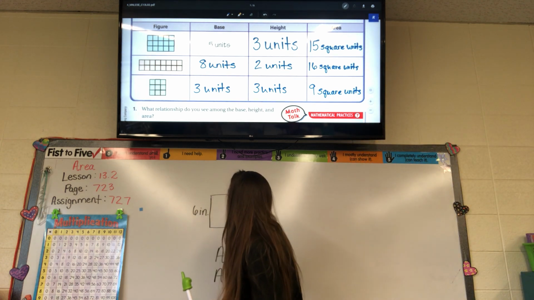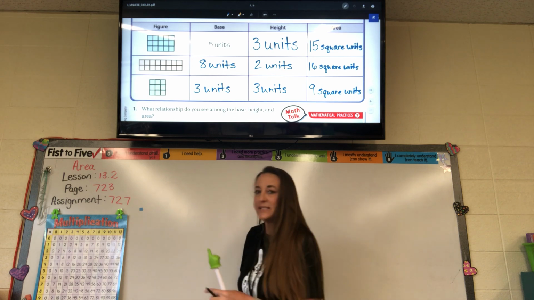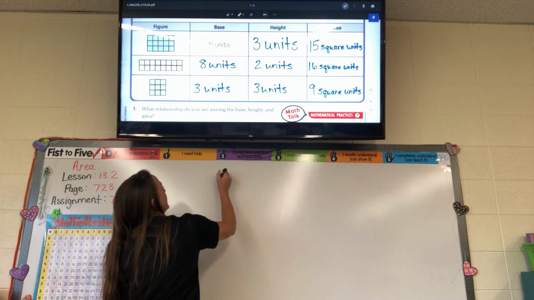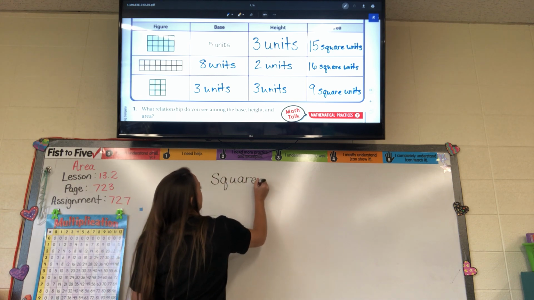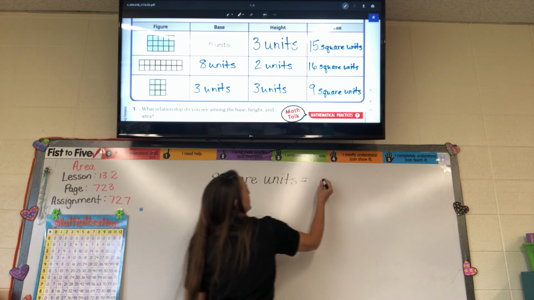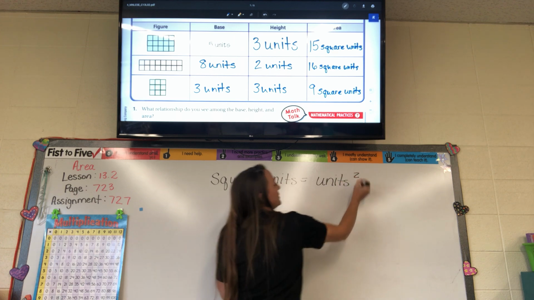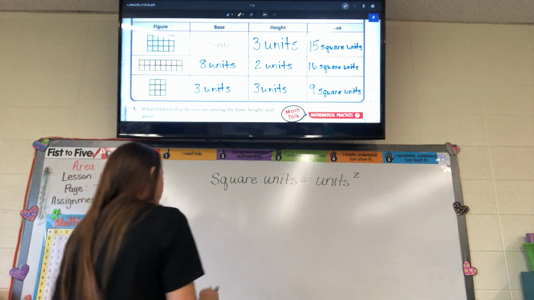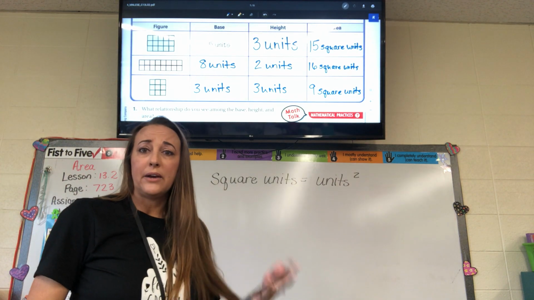Another way that you can write square units, instead of having to write out the words square units each time, you can write it like units with a little 2 to show that we multiplied 2 numbers together to get that area, okay?